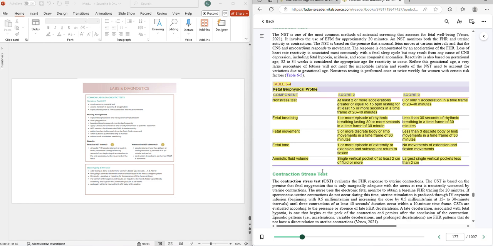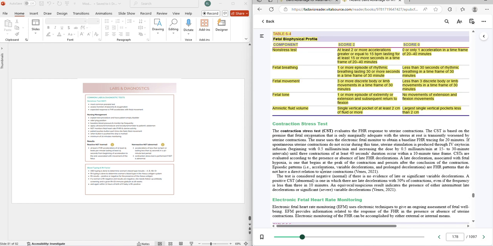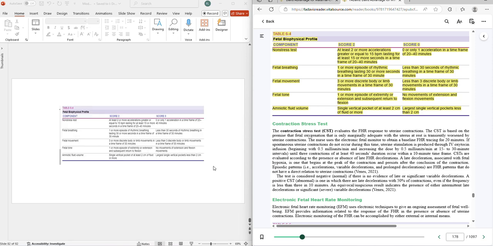So then we have something called a contraction stress test, and there's this chart over here. I think that's it for the PowerPoint. The contraction stress test evaluates the fetal heart rate response to uterine contraction.